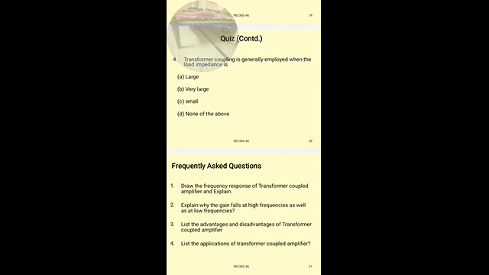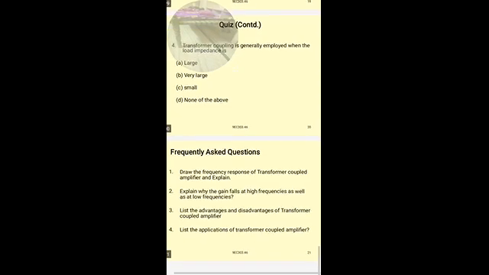Explain why the gain falls at high frequencies as well as at low frequencies. List the advantages and disadvantages of the transformer coupled amplifier. List the applications of the transformer coupled amplifier.